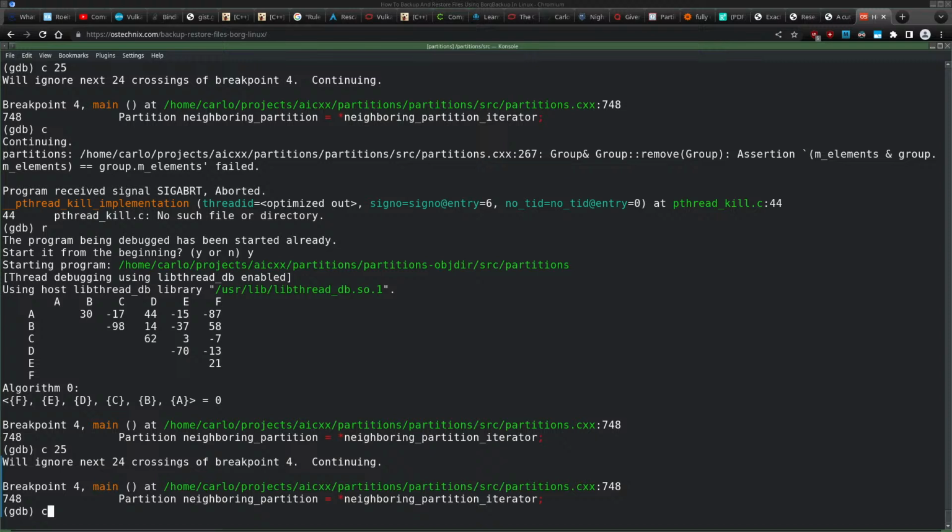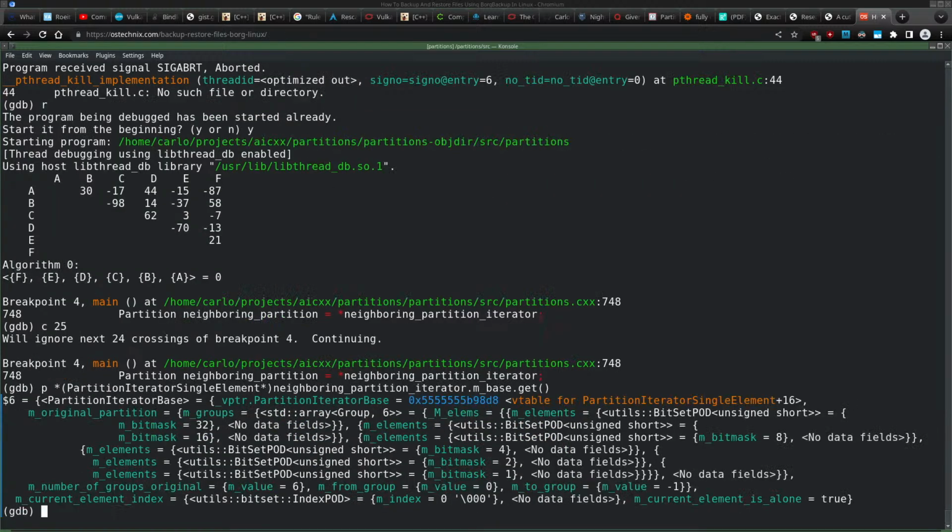So this is, current element is A, which is not in group 0. So yeah, it's already wrong here. Of course it's already wrong, because if now I do next, then it crashes.